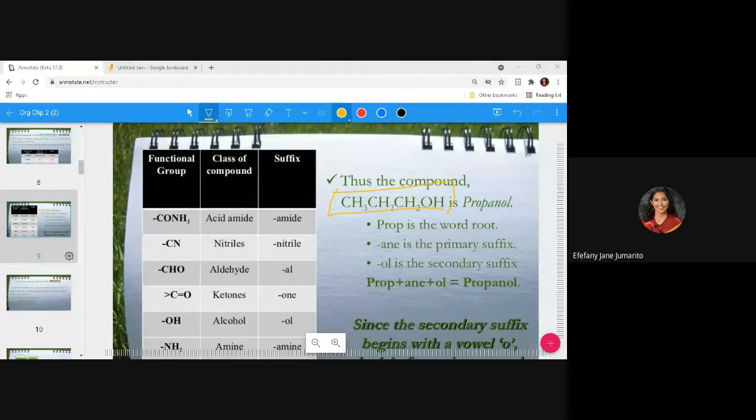Okay, Sarah, how do you name that one? Okay, we have Daphne. Daphne, how do you name that compound? Okay, hands up. Hands raised. Okay, we have Karen.